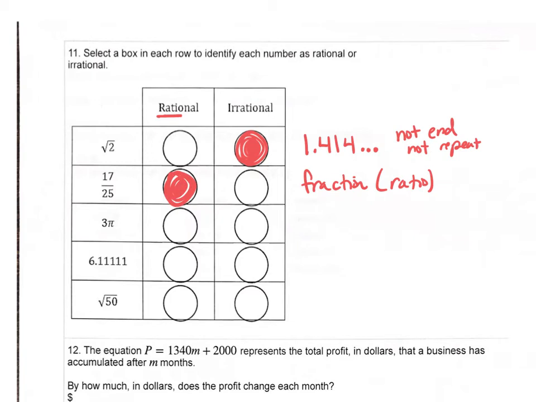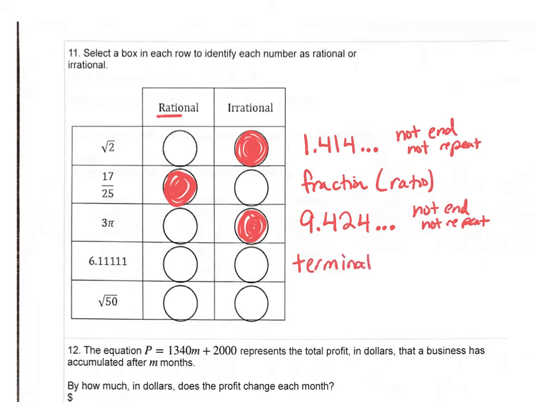Anytime you multiply or divide with pi, you're going to end up with an irrational number because pi is irrational. And you get 9.424 ... It does not end. It does not repeat. It is not rational. Now, 6.11111 is a terminating decimal. It's terminating. That means that it can be written as a fraction, so it is rational.